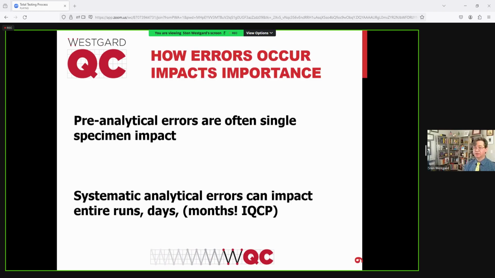They could impact a whole run. That whole run could be an entire day. In the cases of point-of-care devices doing IQCP, being out of control on QC when you're doing it once a month, if you're out, that means a whole month of data, of results, could be invalidated. So there are different impacts to the kinds of errors that we see.